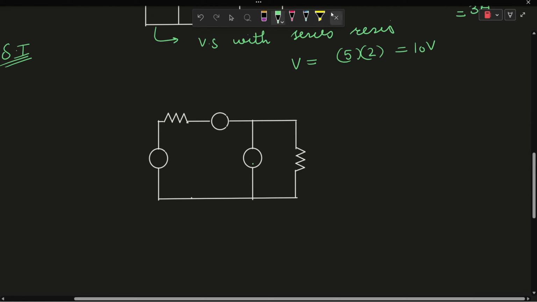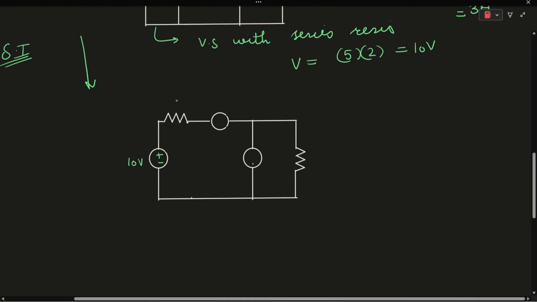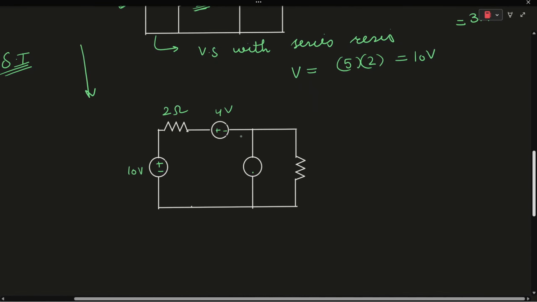So this circuit can be re-simplified as a 10 volt voltage source with 2 ohms, then the current source of 2 amperes flowing in this direction, and this is the 4 ohm resistor.